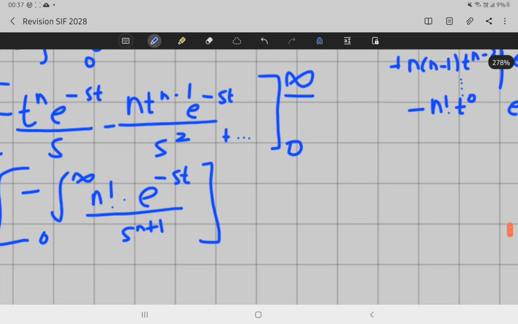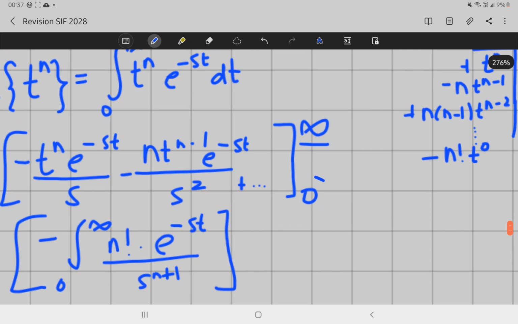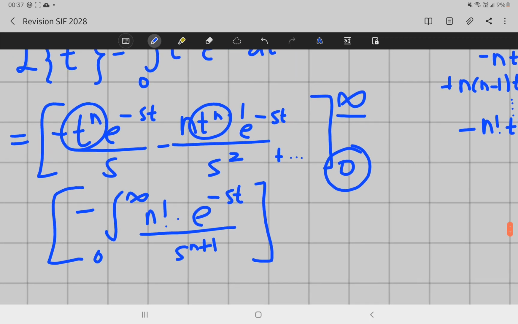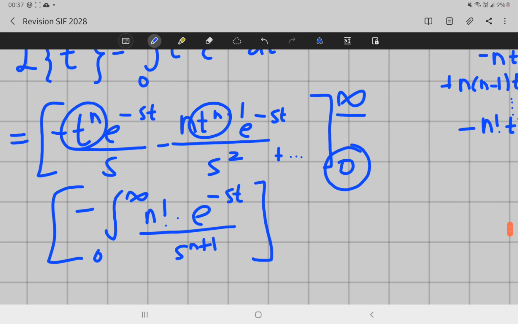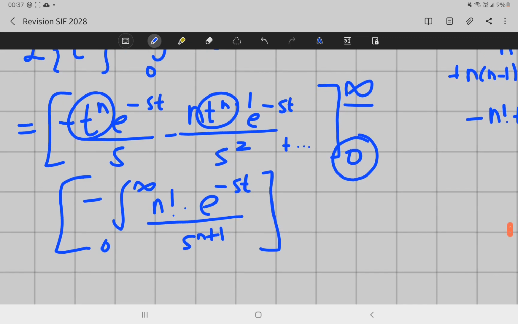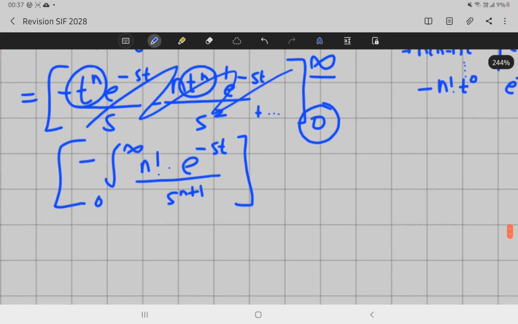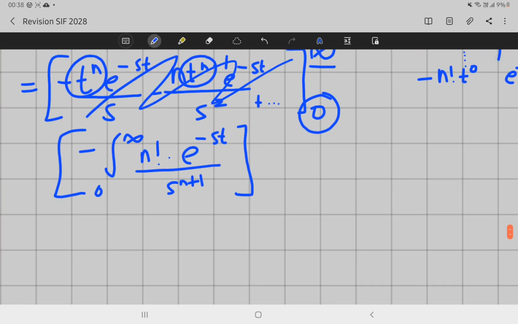When we insert 0 instead, the t term goes to 0, up to t to the power of 1. The only term which does not become 0 when we substitute t equals 0 is the last term, t to the power of 0, because t to the power of 0 is 1. So this all cancels.